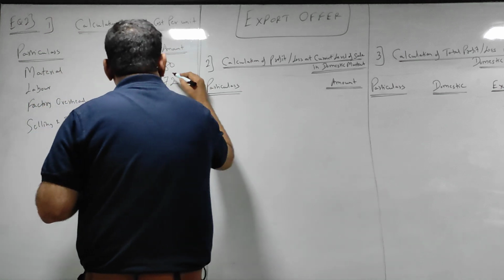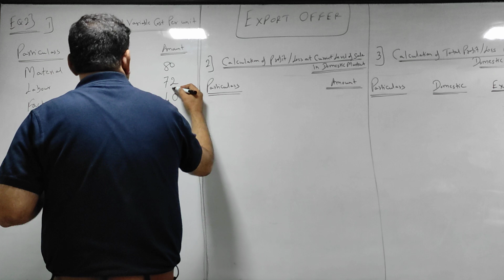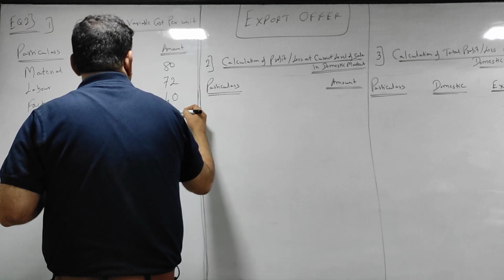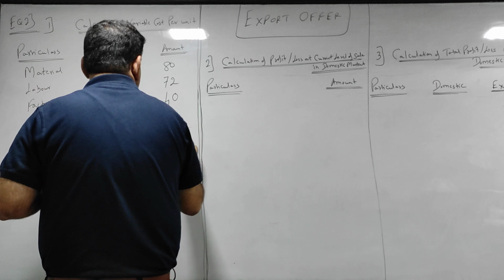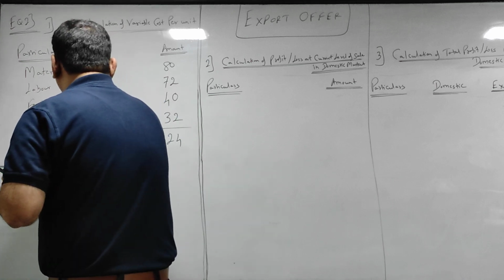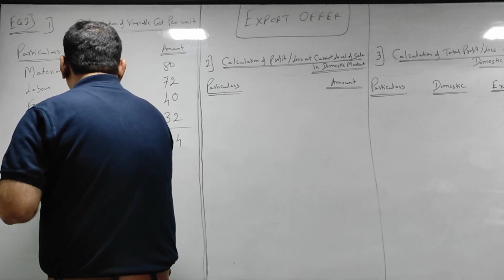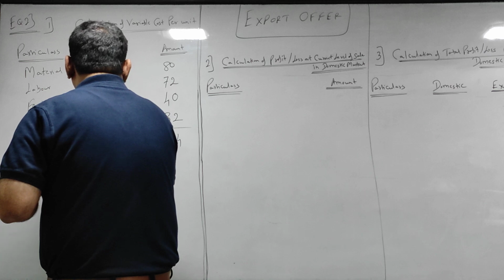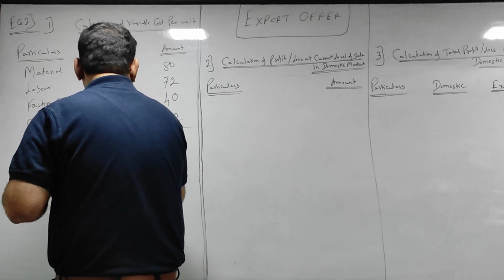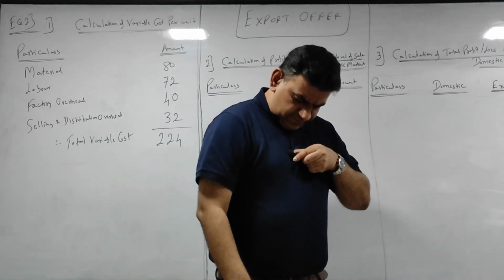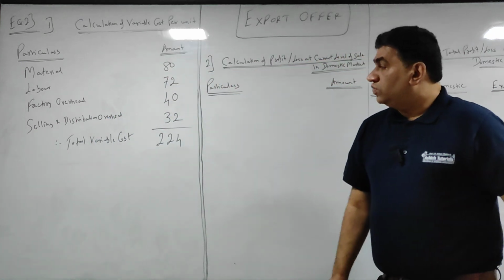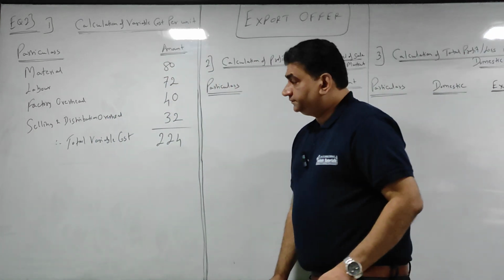Let's take the total: 152, 192, 194 and 20, 224. Therefore, my total variable cost is 224.